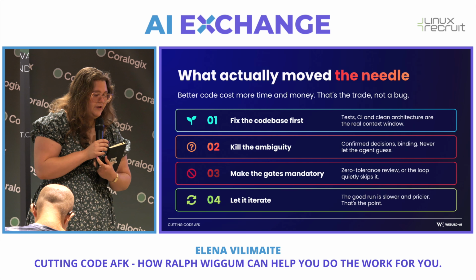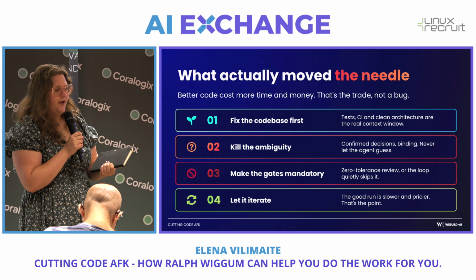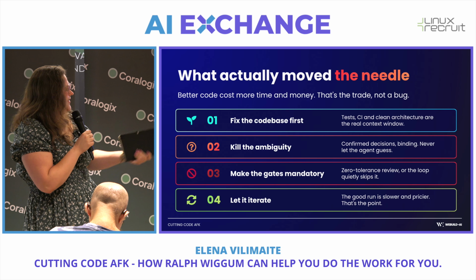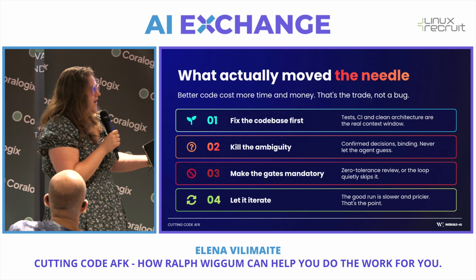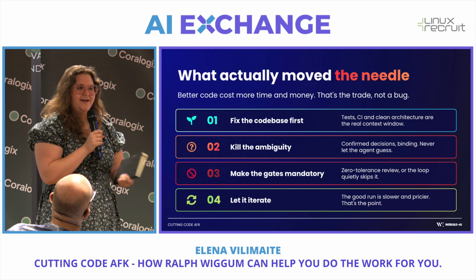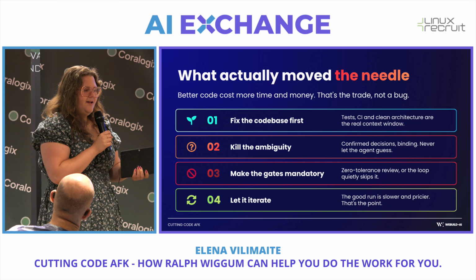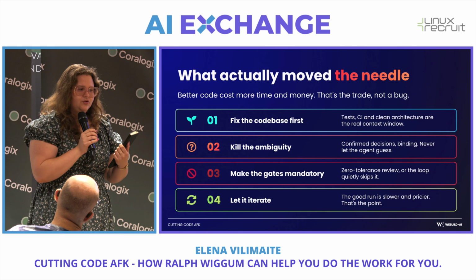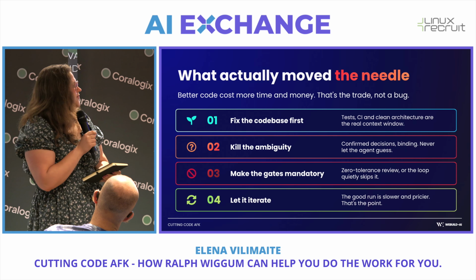So if you're looking to use the Ralph loop yourself, here are my key takeaways. Fix the code base yourself. Like I said, eliminate any dead code that you've got in there, eliminate any tech debt. Just make sure it's as good as you can get it, because good code means good agentic code.